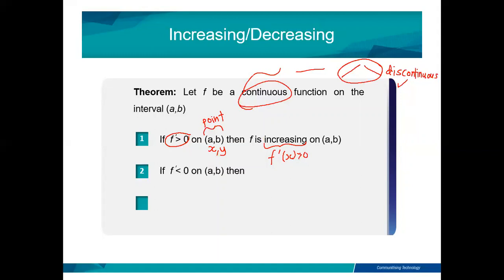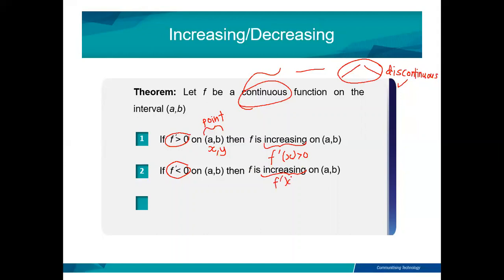Next, the second theorem: if the first derivative is less than 0 on the interval AB, then the function is decreasing on the interval AB. If the first derivative is less than 0, it means negative. So the function is decreasing.